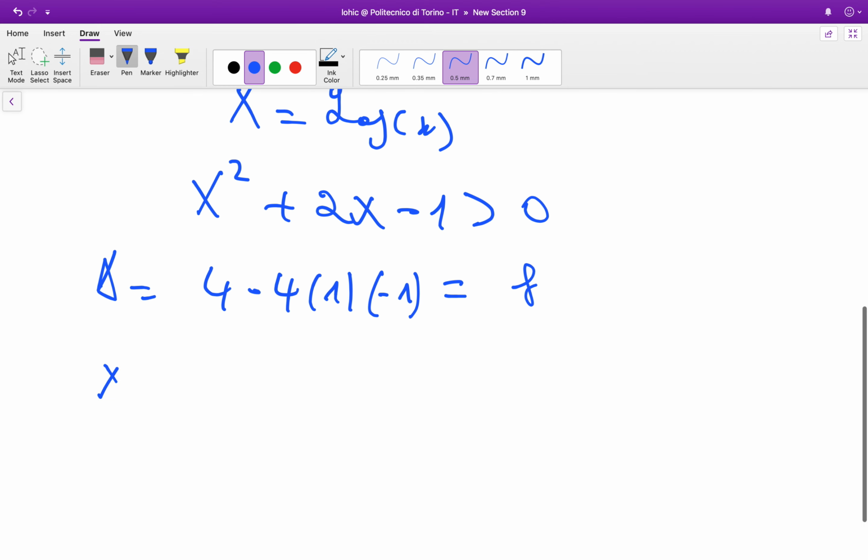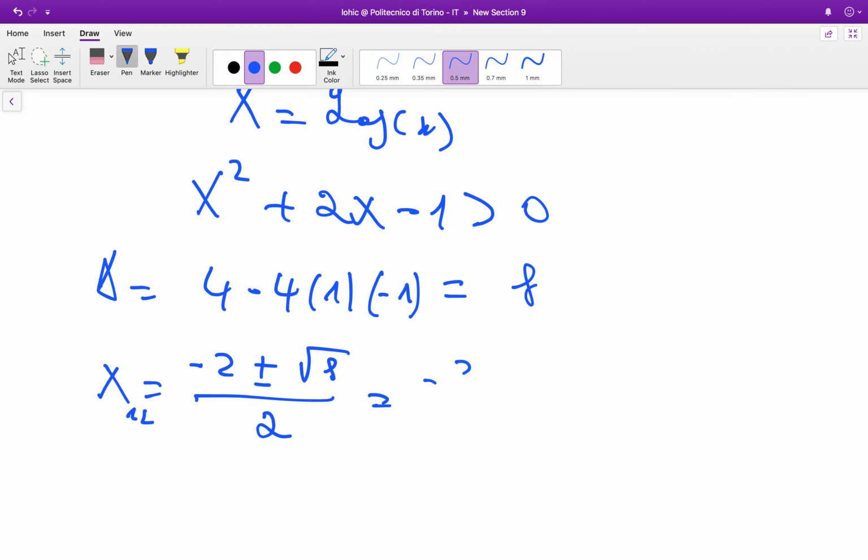So the roots are big X equal to minus 2 plus or minus root of 8, divided by 2. That means minus 2 plus or minus 2 root 2, because root of 8 is 2 root 2, divided by 2.